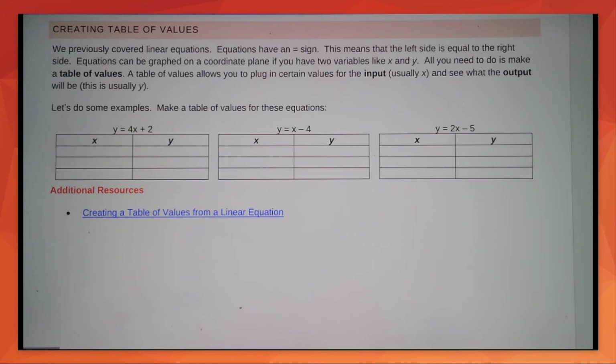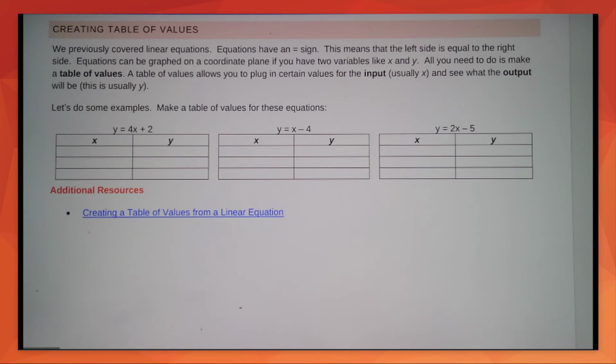And so when you have an equation, when we're talking about graphing, typically you have 2 variables, and you're not just solving for one variable. You're going to need to figure out what are some possible solutions that would satisfy both variables so that the equals sign is still true.